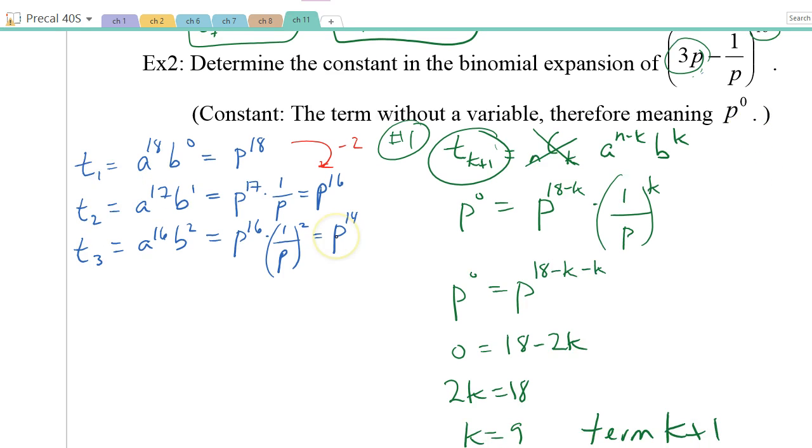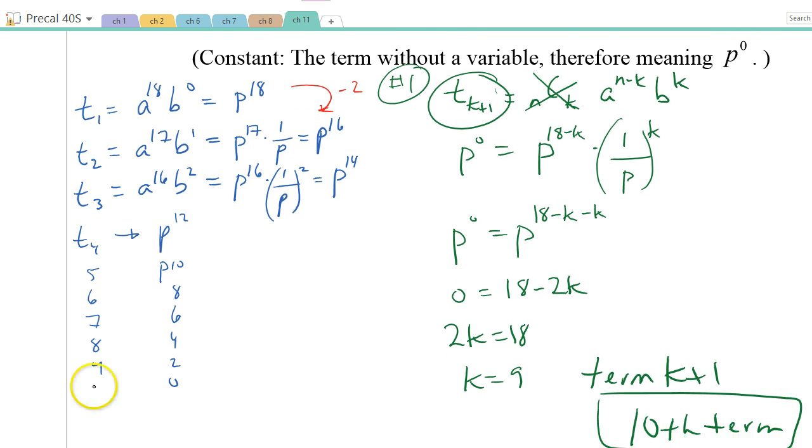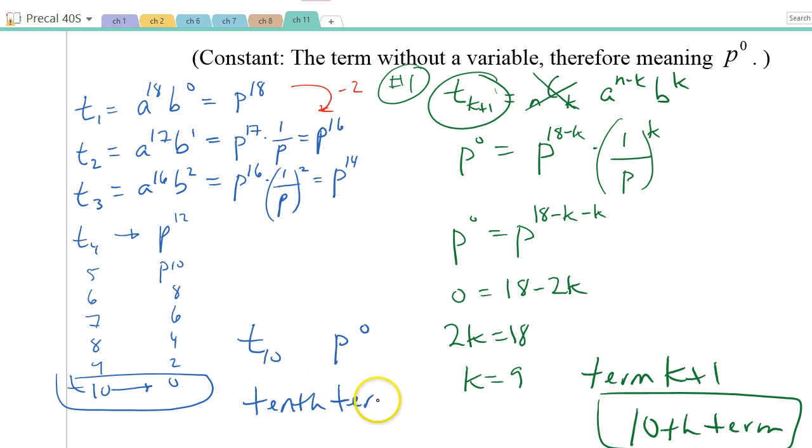Okay, so T4 is going to give us p to the 12th, 10, 8, 6, 4, 2, 0. So that would be 5, 6, 7, 8, 9, 10. Okay, so at T10, then we're going to get a p to the 0. So we'll say the 10th term. Okay, so those are our two methods.